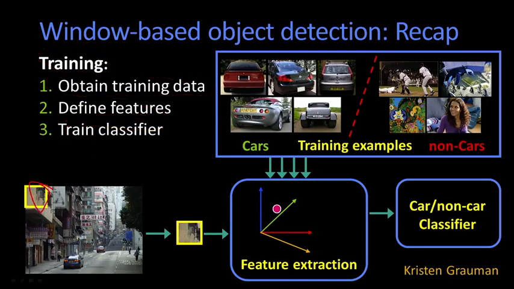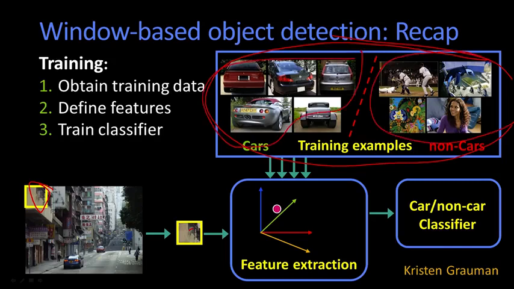So I take my windows, and I have positives and negatives. That comes from this great big set of training examples, and you see over here on the left I've got these cars, and over on the right you've got these non-cars. So the idea is you use those training examples, you extract the features, and then you train your car versus non-car classifier.